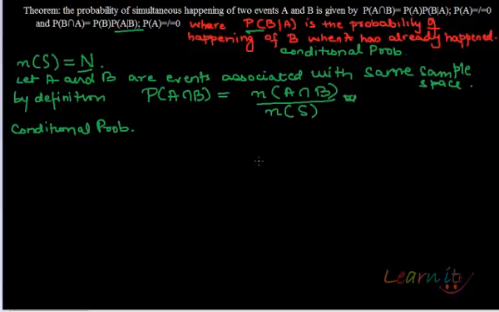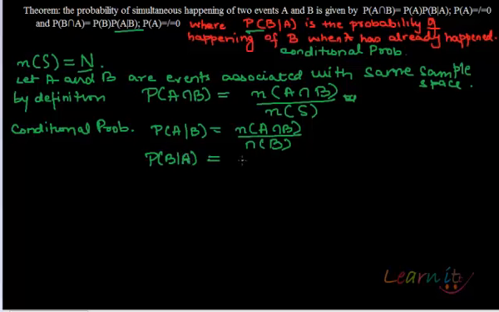The favorable outcomes must be out of the same points of B, so your sample space becomes B. So P(A|B) would essentially be n(A ∩ B) upon n(B), because the sample space would be B. Similarly, P(B|A), the probability of B conditional to A, would be n(A ∩ B) or n(B ∩ A) upon n(A).